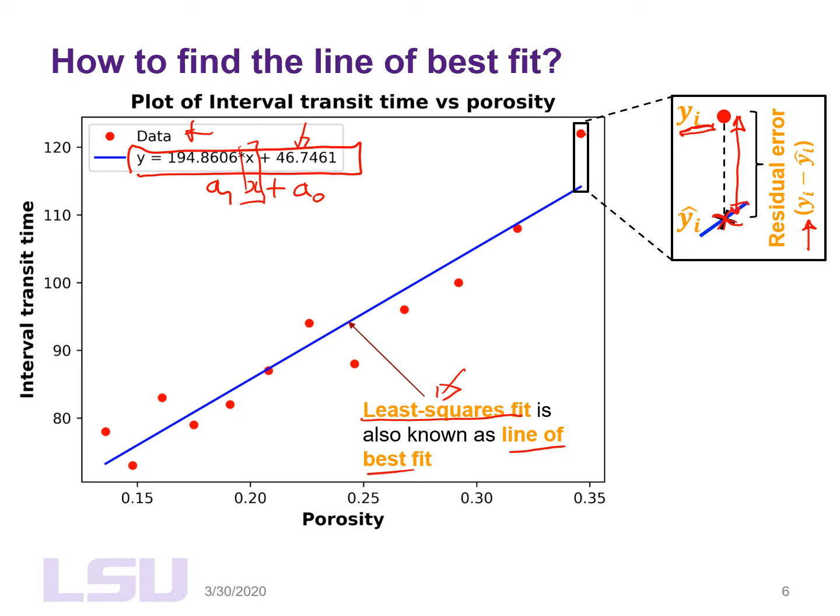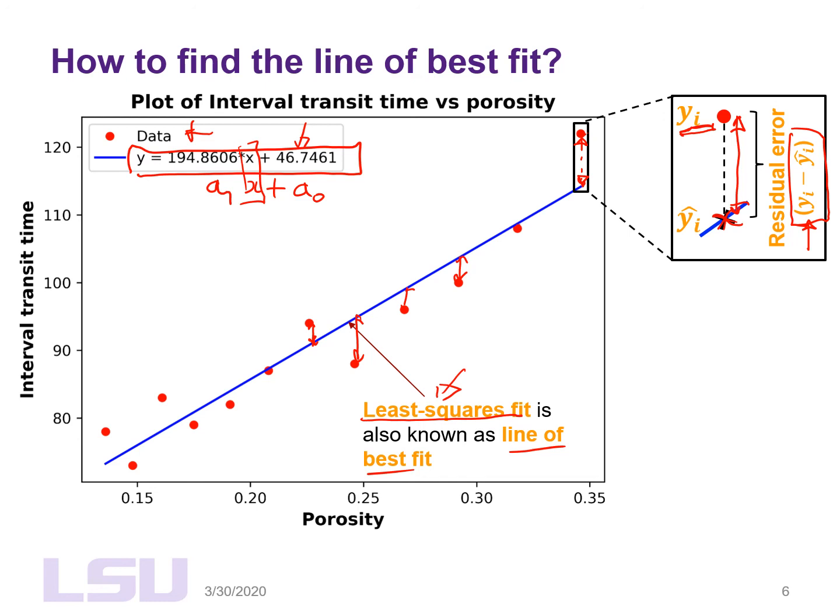The reason you square it is here, it's positive, right? Because yi is greater than y hat. But sometimes it's negative. Here is negative, here is negative, negative, negative, here positive. So if you just add them up, I mean you add up this without squaring it, the positive ones will cancel out the negative ones.